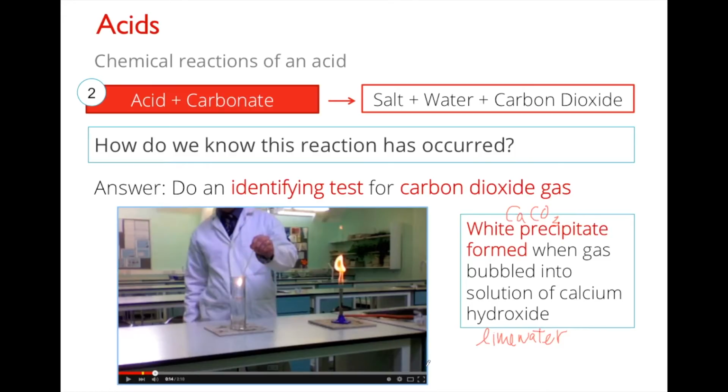Remember the equation? So this is your white precipitate. This is a solid.